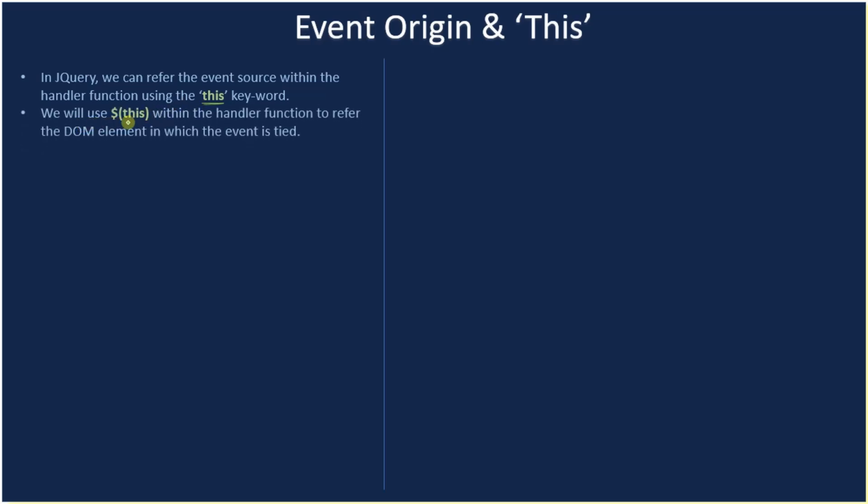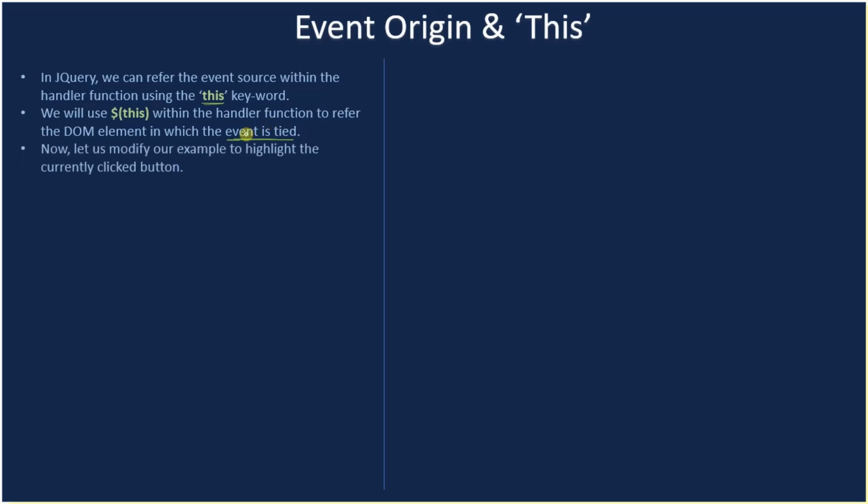We will use $(this), right? We know that to the $ function you can pass some string and you can perform the filter. But when you use $(this), it will denote the object that is firing the event. We will use $(this) within the handler function to refer to the DOM element in which the event is tied or fired, we can say.